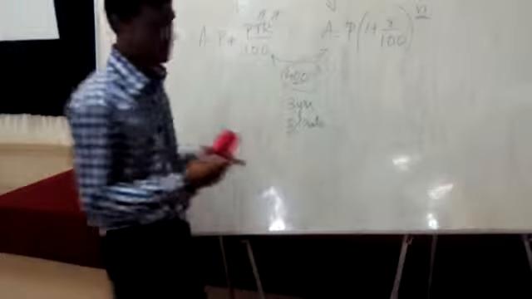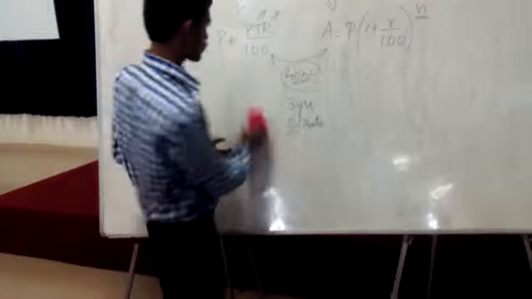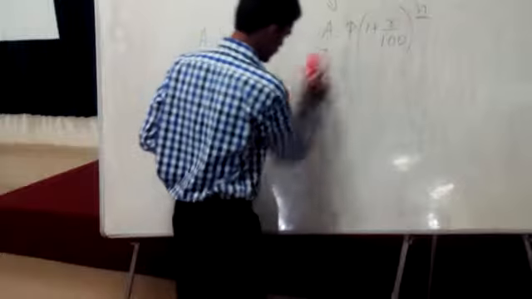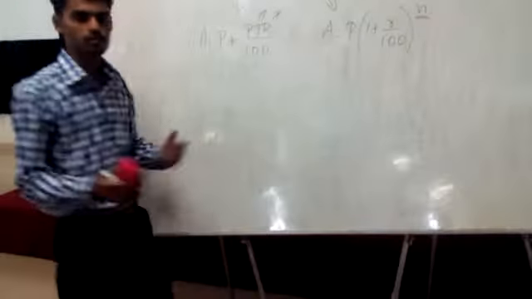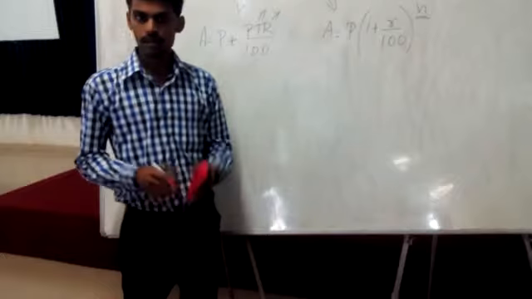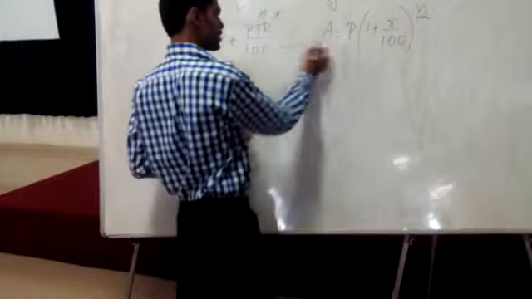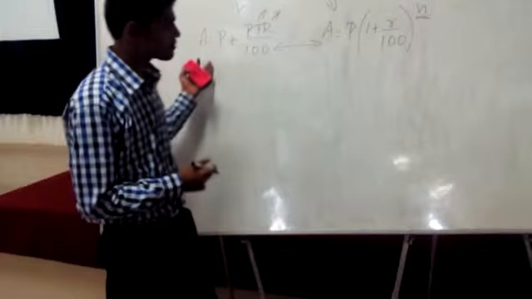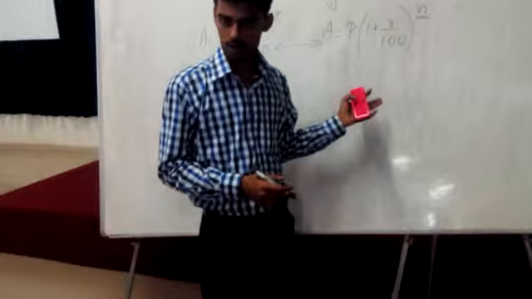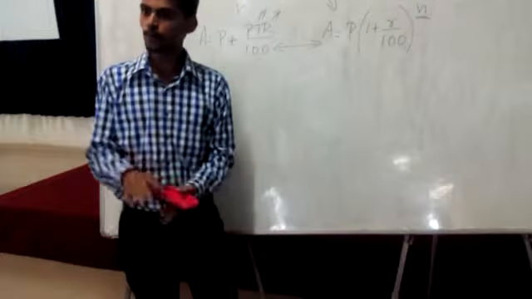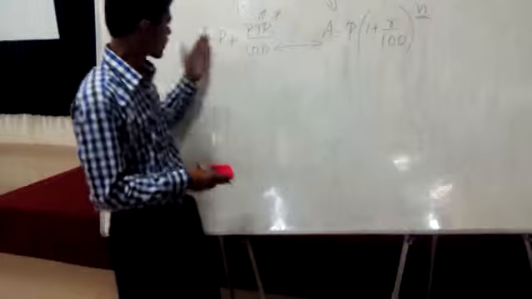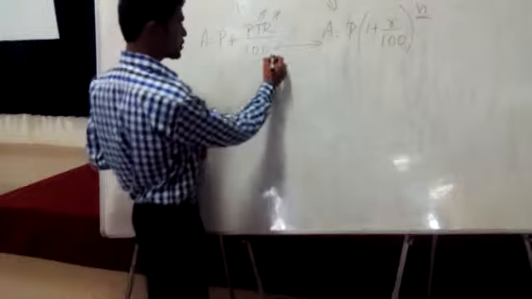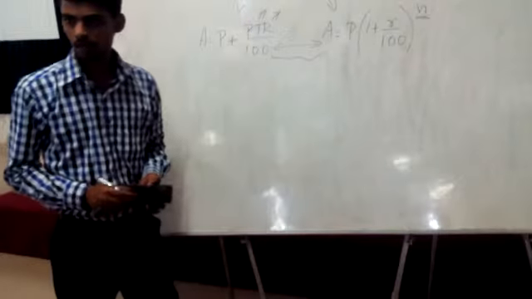So we have a different approach to this. Let us make a simplification. We'll put up a shortcut that tells us the difference between amount by simple interest and amount by compound interest. Of course, the difference between simple interest and compound interest is also the same as the difference between the two amounts.